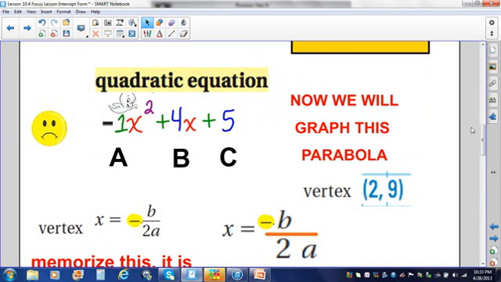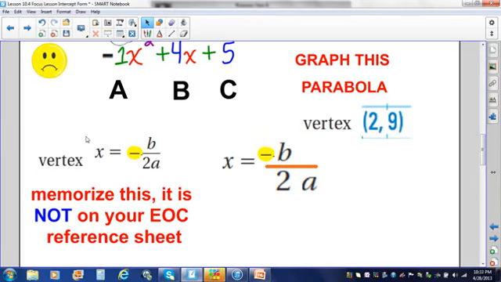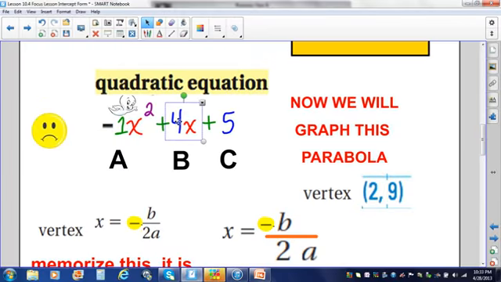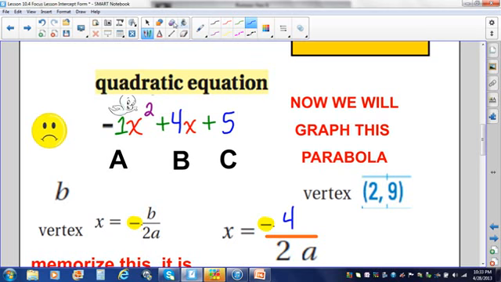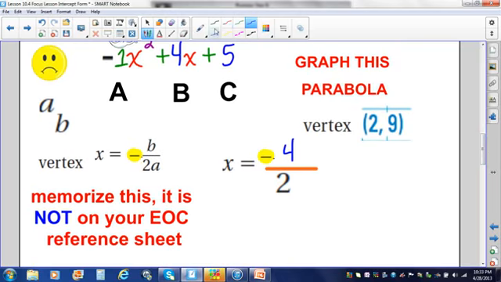So remember, on the EOC, you have to memorize how to find the vertex. X equals negative b over 2a. So b is going to be 4 here, so I'm going to take out the b and put in 4. A is going to be negative 1, so I'm going to put in a negative 1 there.